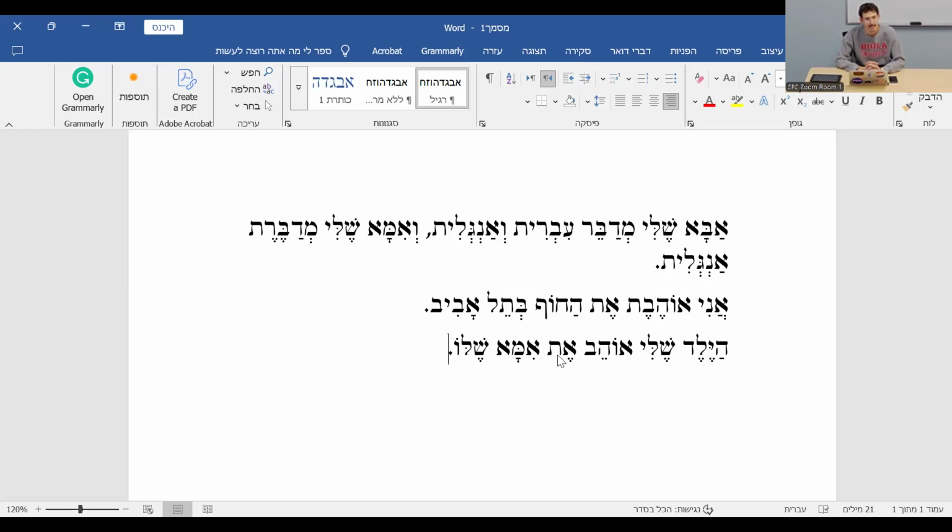It functions as a definite article, but it also works to designate a definite. So in this case, הילד שלי, especially when you're talking about possessive. So it's my boy instead of the boy. It would be translated. Okay.